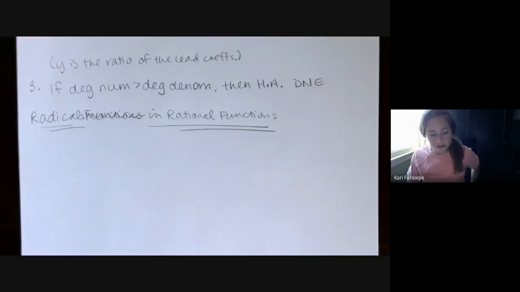We're going to divide the numerator and denominator by the highest power of x that appears in the denominator.